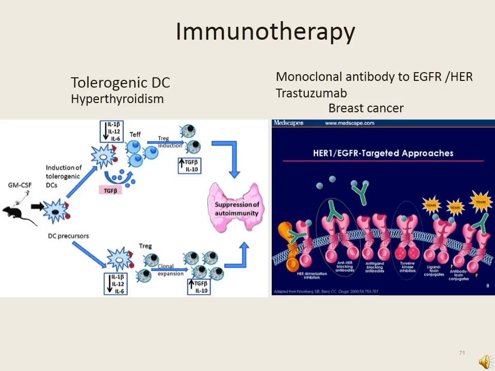This figure shows you the mechanisms of immunotherapy. The first figure, on the left-hand side, shows how tolerogenic dendritic cells are developed and how they function. Starting at the left, the dendritic cell precursor can be induced to become tolerogenic.